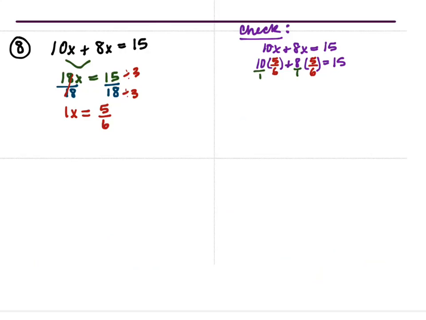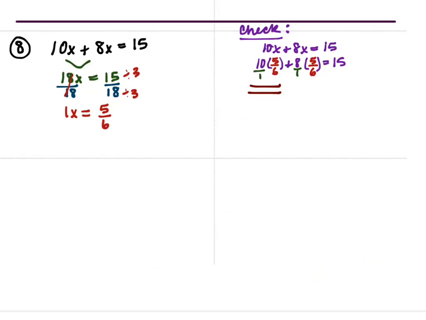So if I do this, let's go ahead and simplify this multiplication of two fractions together, because 10 is the same thing as 10 over 1. And I can notice that the 10 and the 6 can cross cancel. So I can divide both of those by 2. There are 5 2's in 10, and there are 3 2's in 6.